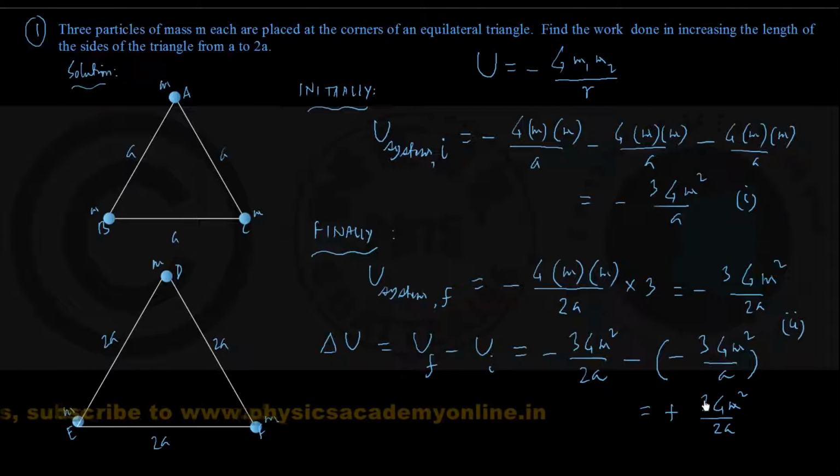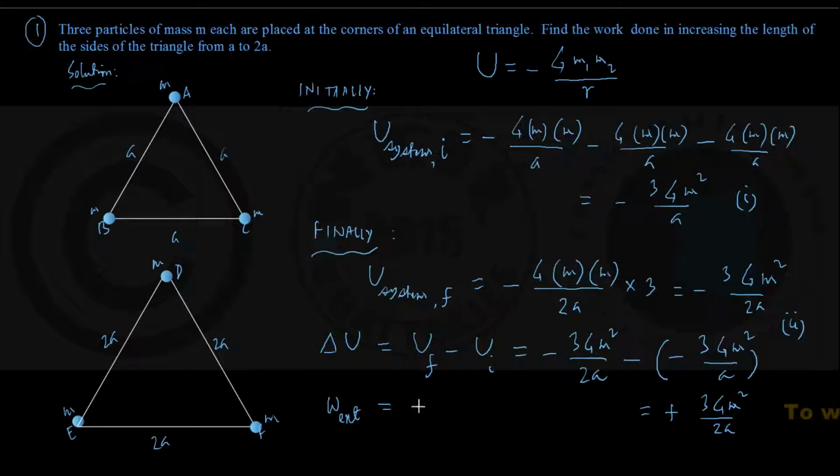And once you are here, you remember the work energy theorem for a non-isolated system of particles, as we taught you under the chapter of work, energy and power, which says that the work done by external force on a system of particles is equal to the change in its energy.